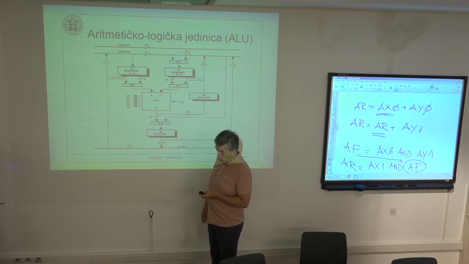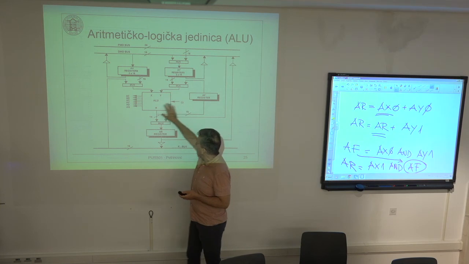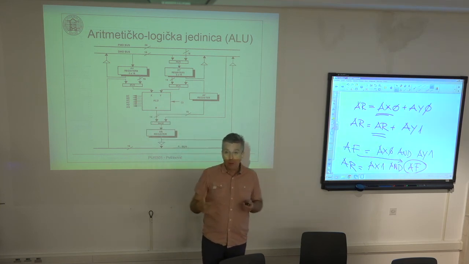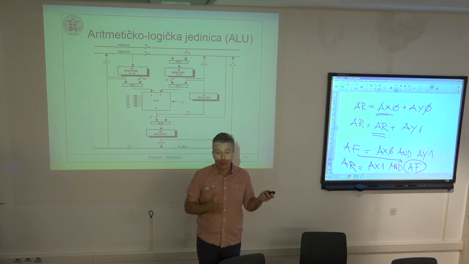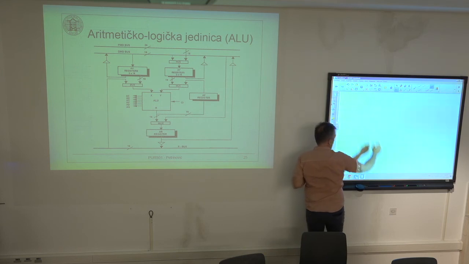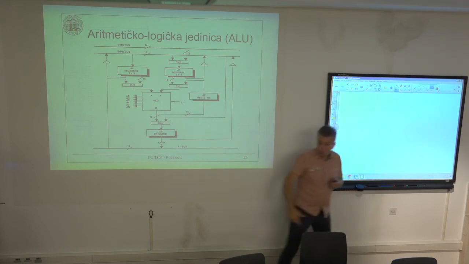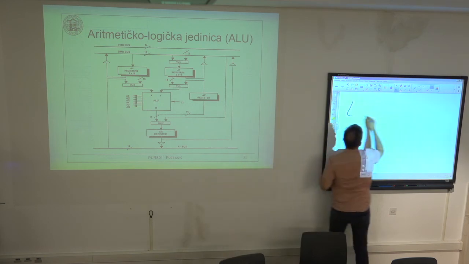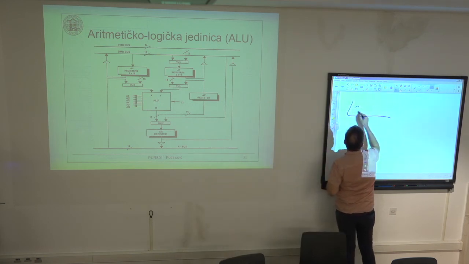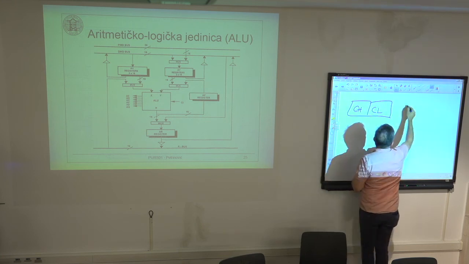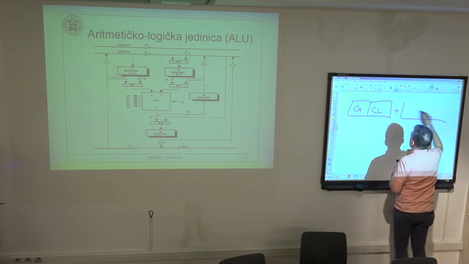Why do we use this carry input and carry output? For example, if I want to implement double word addition, I have two 32-bit values, C high, C low, and I want to add them to D high, D low.